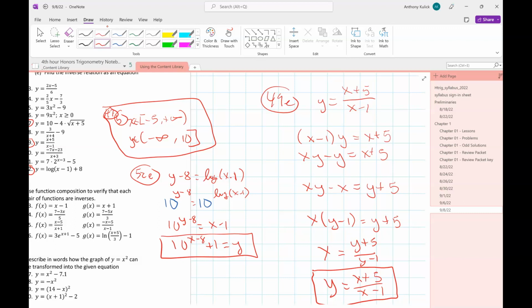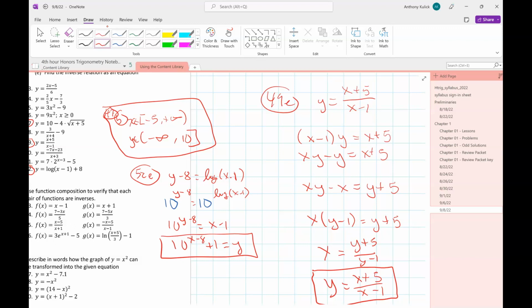Surprising, right? You definitely look at that answer and you're like, well, I did that wrong. How did I get the exact same thing I started with? If you checked it and tried to do the composition, it does indeed work. Are you happy with that, Giselle? Yeah, I was just a little confused, but now it makes sense. No problem.